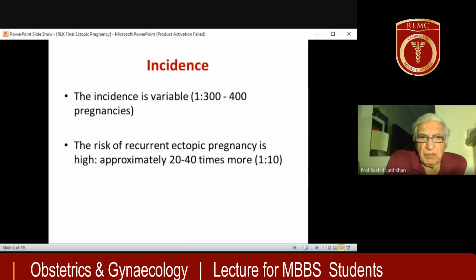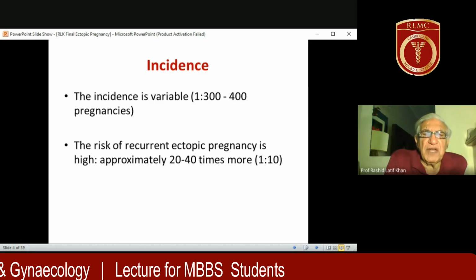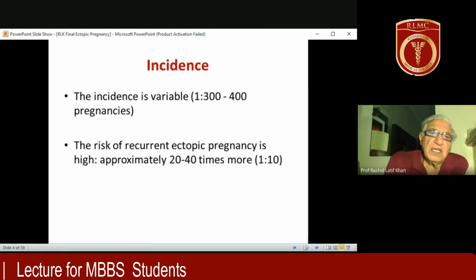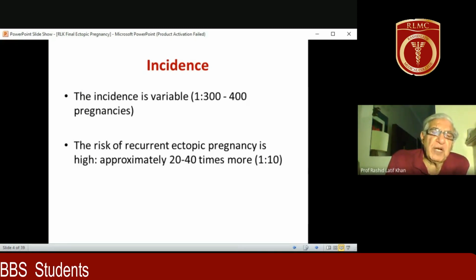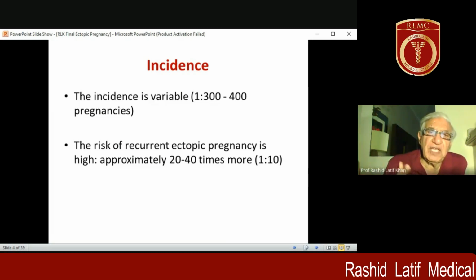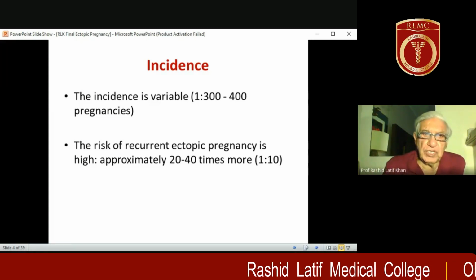Incidence is variable. Nobody has definite correct figures, but generally it is presumed that out of 300 pregnancies, one will become ectopic. So it's fairly uncommon, but it is common in certain societies, particularly those where pelvic inflammatory disease is common, like Africa and Southeast Asia.